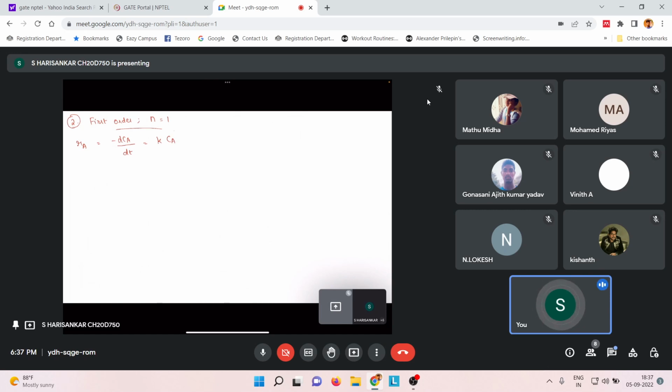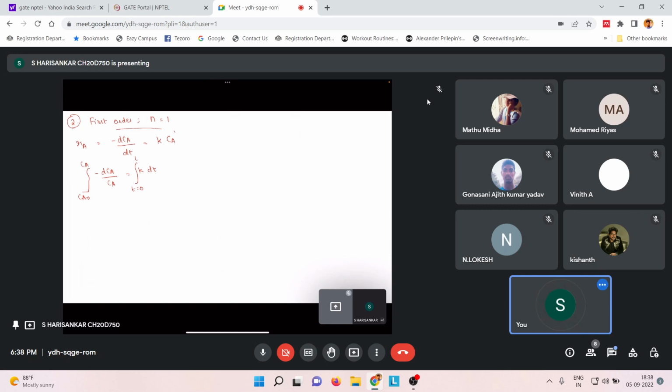So same as what we did in the zero order case, we just have to integrate this whole equation. This is a simple integration. So minus dCA by CA is equal to k dt, and we integrate from CA0 to CA, and time t equal to 0 to time t.